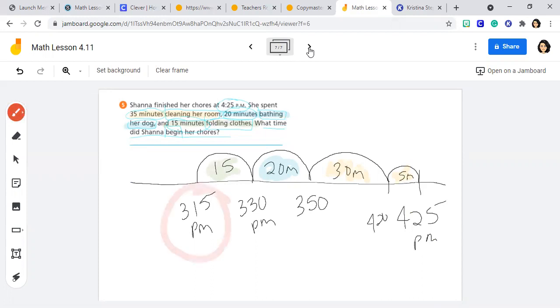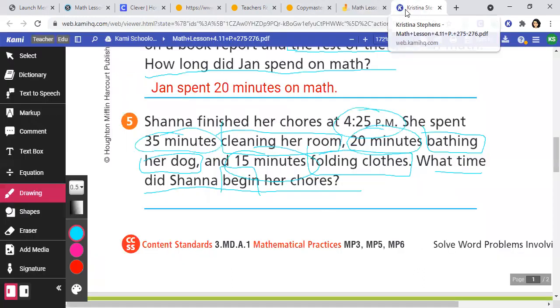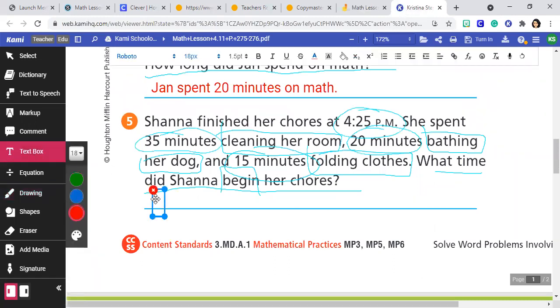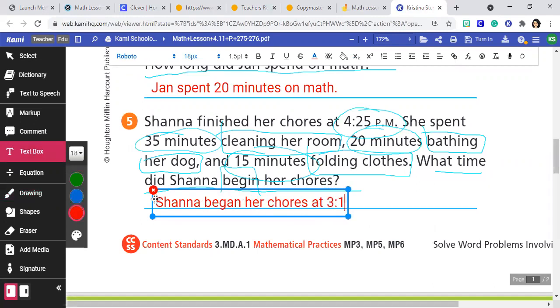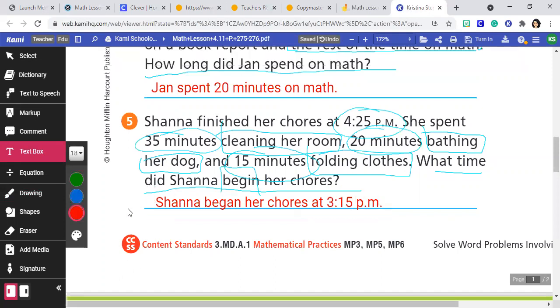Shanna began her chores at 3:15 p.m. So I'm going to go back to my question and I'm going to answer it. Shanna began her chores at 3:15 p.m.